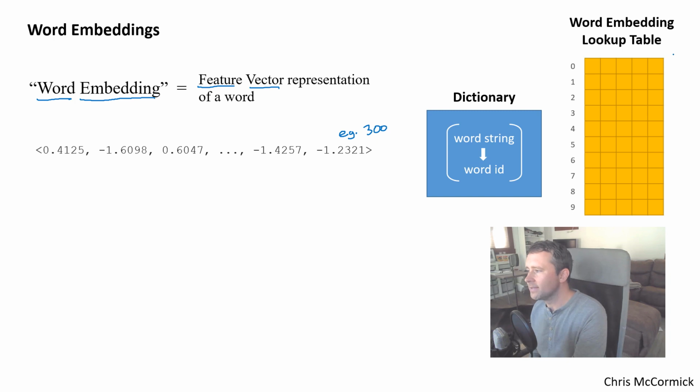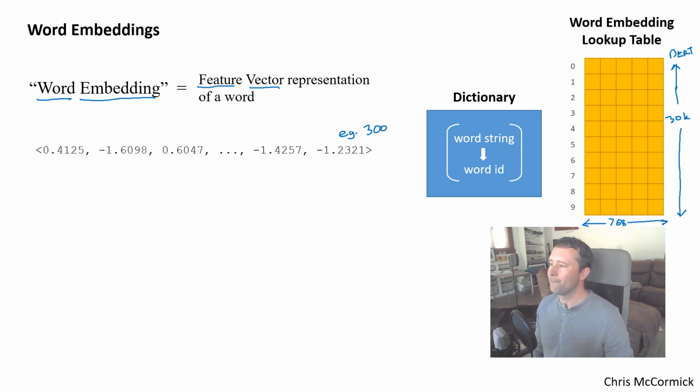BERT actually has a vocabulary of 30,000 tokens. And each token has 768 features in its embedding. So this is just a small example to help us illustrate.